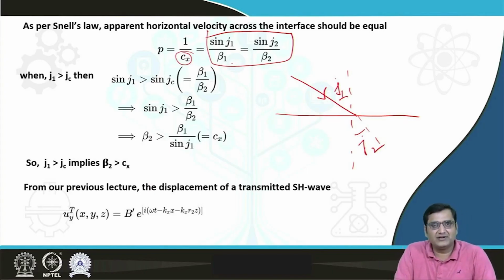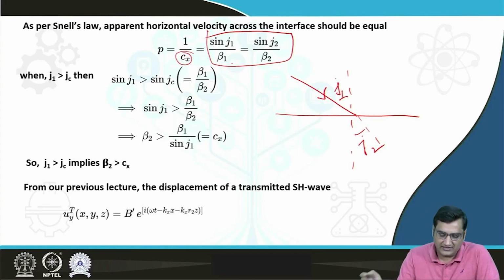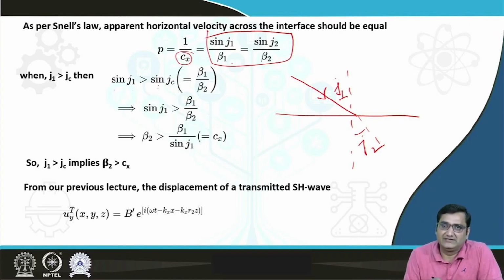So when J1 is greater than JC, then you can write sin J1 greater than sin JC. You are just taking a sine of both of the sides. So what will basically happen? Sin J1 is greater than beta 1 by beta 2, because sin JC is beta 1 by beta 2.